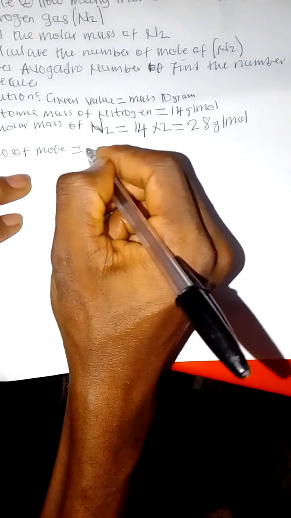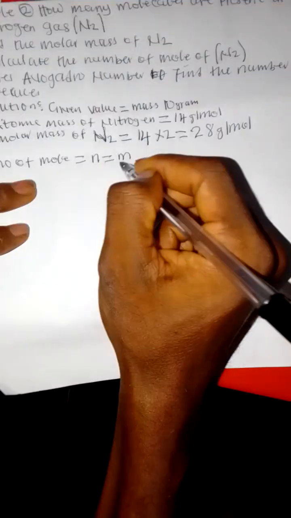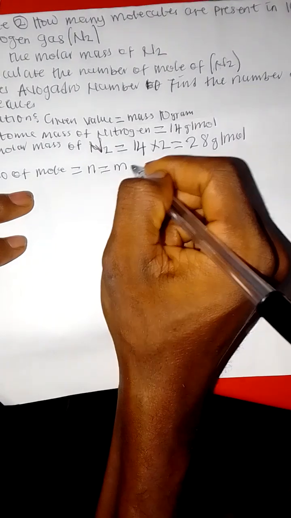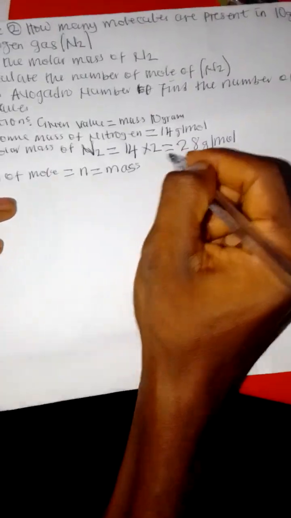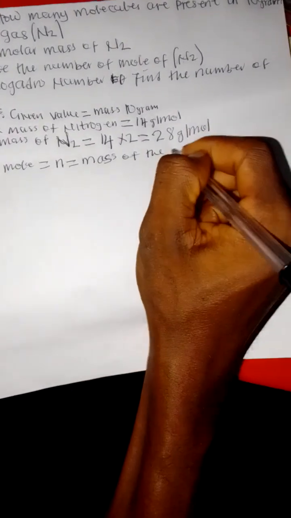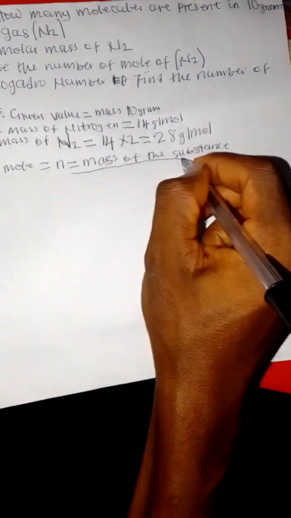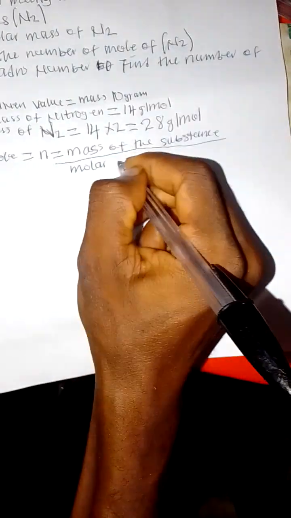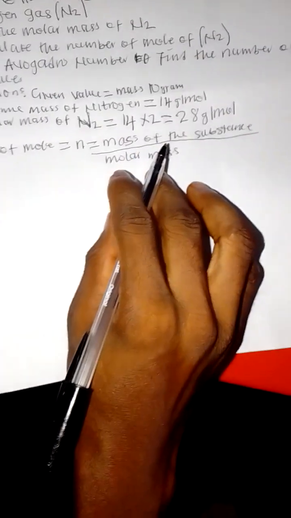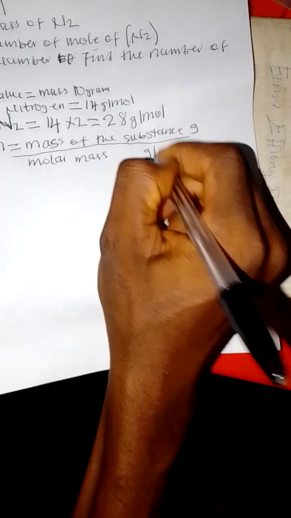So the number of moles, n, will be equal to the mass of the substance over the molar mass. The mass of the substance is in gram, always remember that, and the molar mass is in gram per mole.